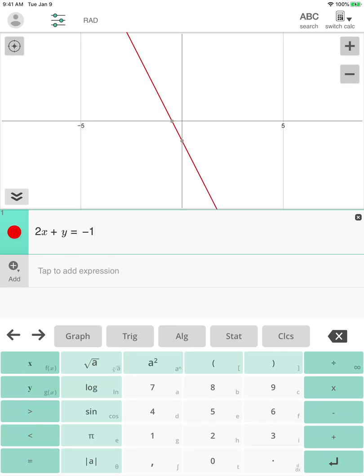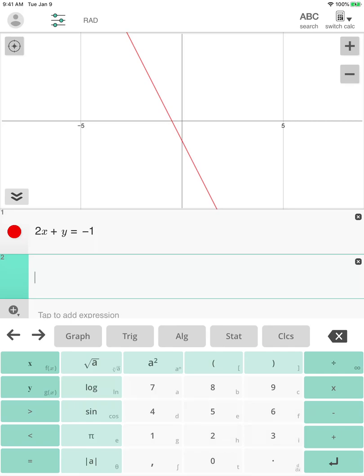And then the second one is y minus x equals 5. Then we're looking for the intersection. The nice thing about Class Calc is it'll tell us that right away. There it is. The intersection is -2, 3.